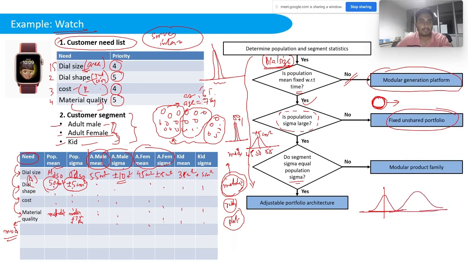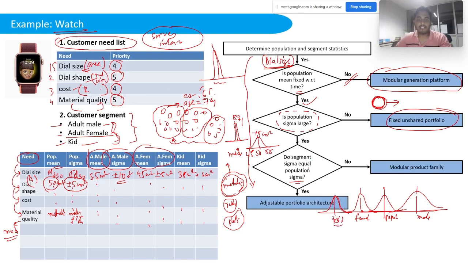For female, mu is less, but the variance is the same, the standard deviation is the same. This is for male, this is female, this is your population. And for kid it is again 5 centimeters, so the standard deviation is the same but mu is even smaller, 35. This is for kid.